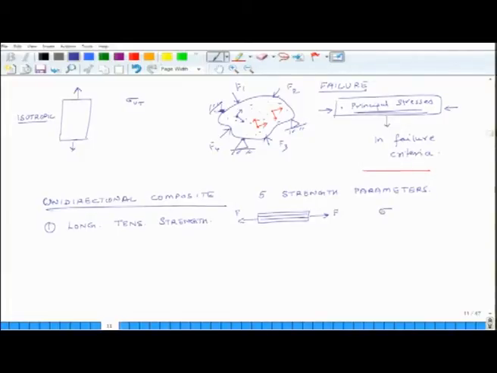You can call it sigma, because the stress is being applied in the L direction here, we call it sigma L, and because it is in tension we could call it sigma LT, but it may create confusion because I do not want T to be confused with the T direction. So, sigma L and U, where U is the ultimate tensile strength. Okay. Similarly, you have longitudinal compressive strength.